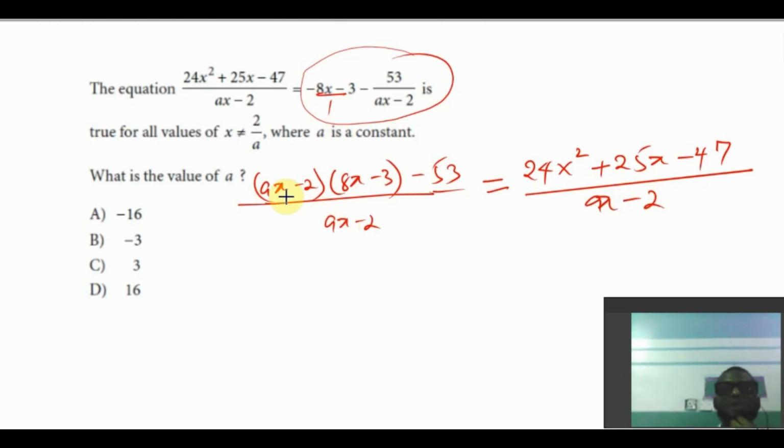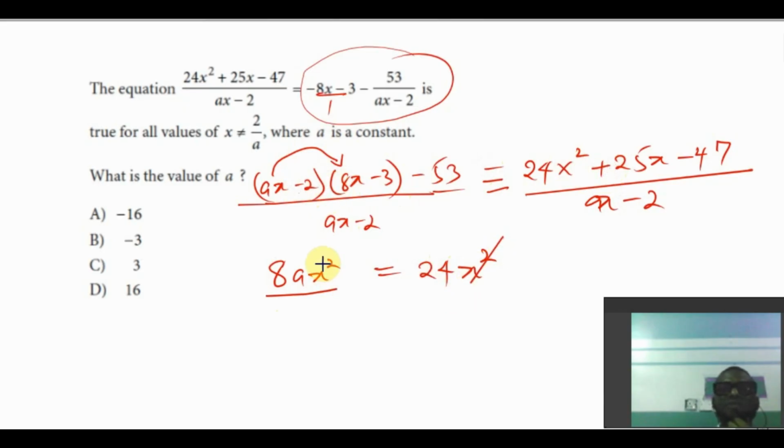So when I open this bracket, that is this multiplied by this, I will have 8ax squared. I don't need to multiply the rest, because when I compare both of them, I find that this 8x squared should be equal to 24x squared, because that is the only square here and that's the only square here.